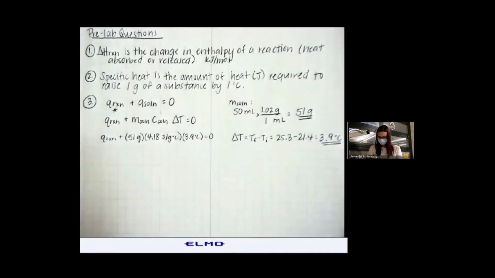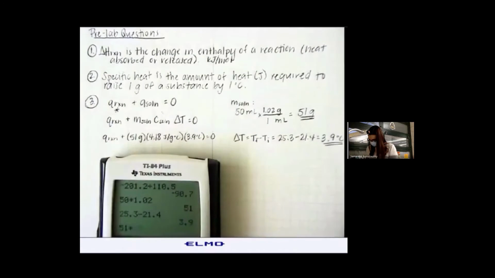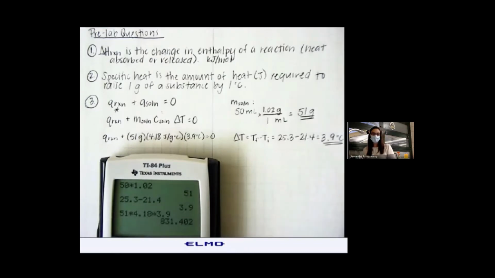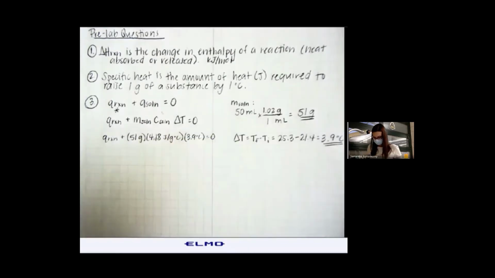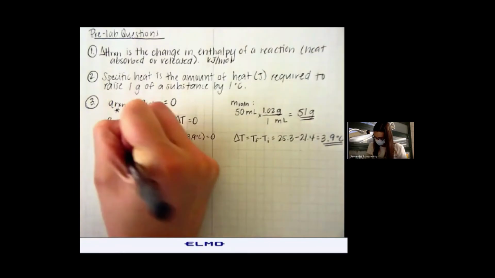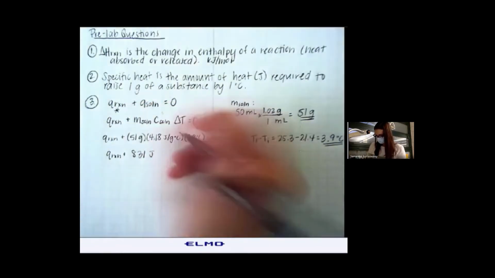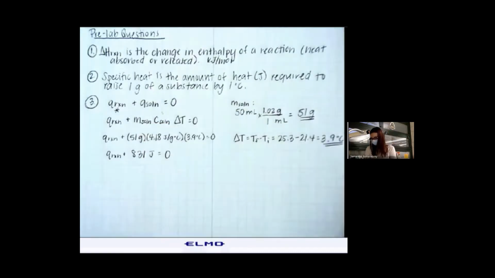So I'm going to do 51 times 4.18 times 3.9, 831.402. So based on our given information, I'm going to use 831 joules equals 0.